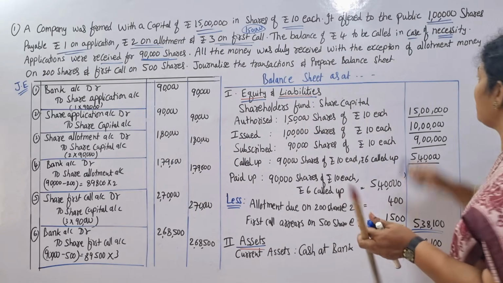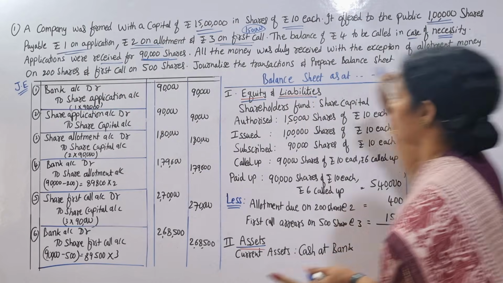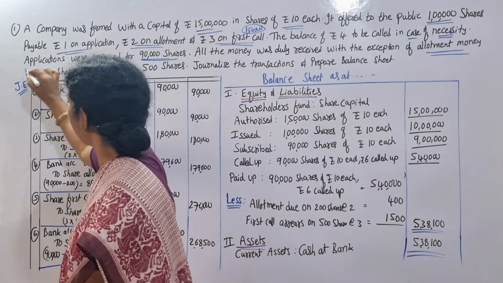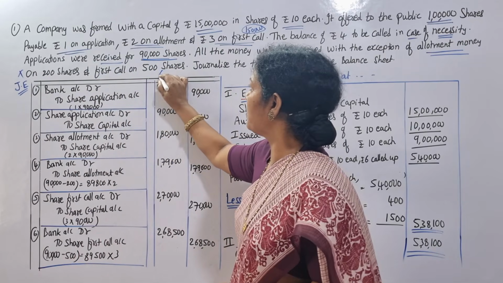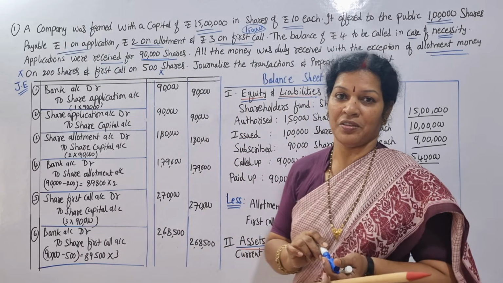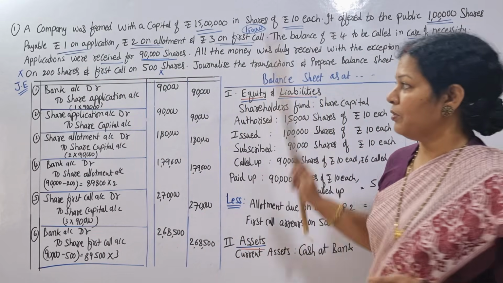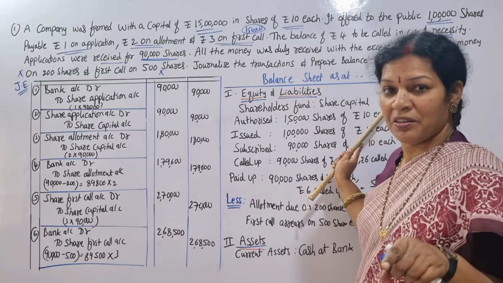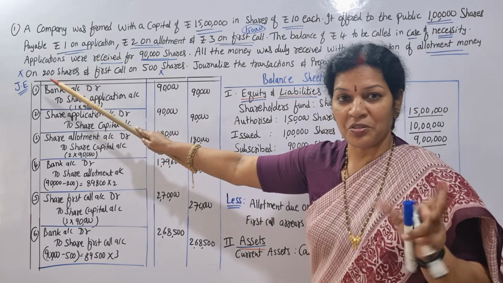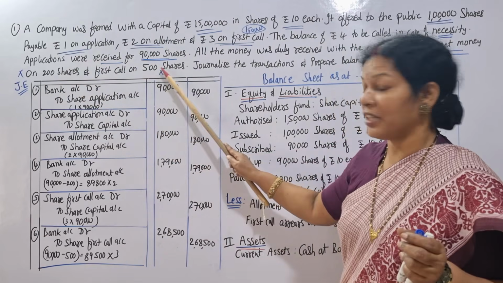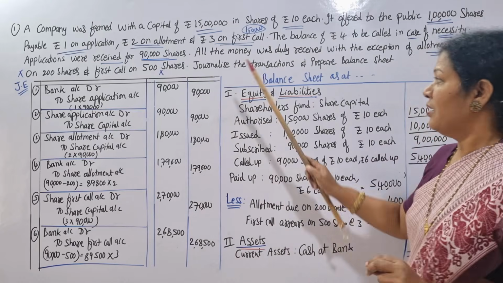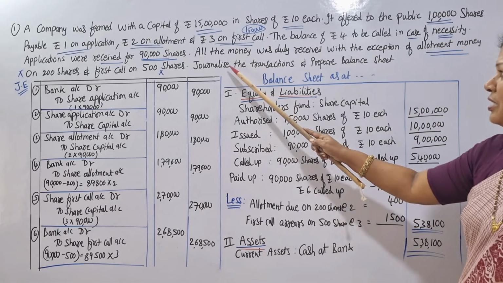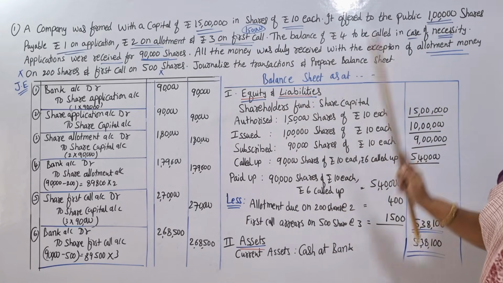Allotment money on 200 shares was not received, and first call money on 500 shares was not received. Everything else was received. Journalize the transactions and prepare the balance sheet.